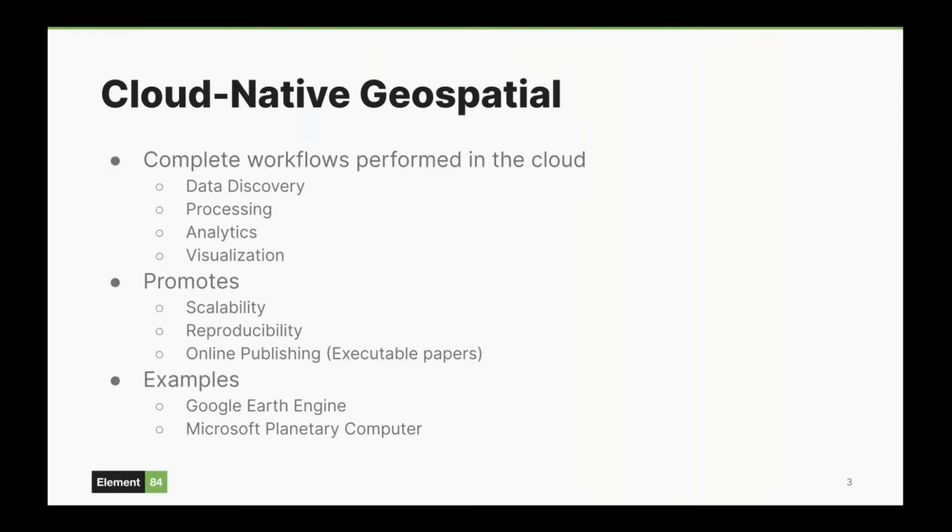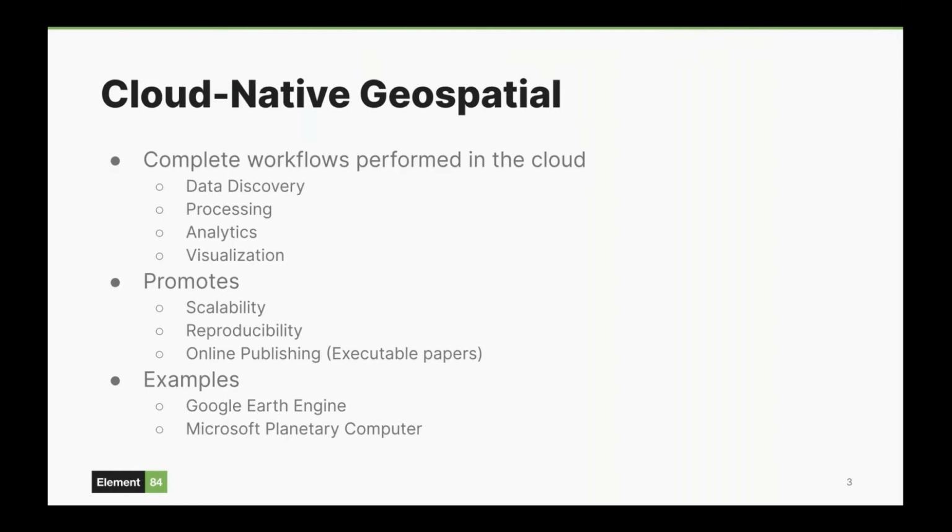In science, there's a real reproducibility problem in general that has been around for a while, and it's even more so with geospatial data because of the scale of the data that needs to be processed. Historically, when scientific papers have been published, they might have run their analysis on a handful of data, but that data is unavailable, or it's just impractical for that analysis to be reproduced by others.